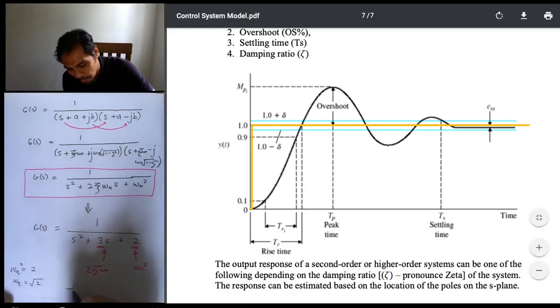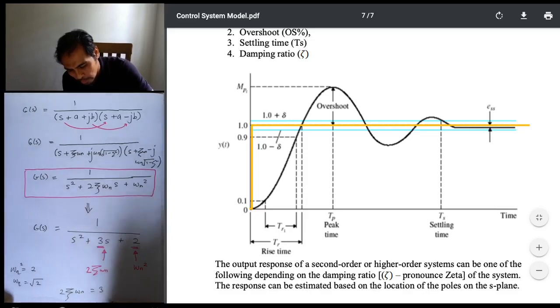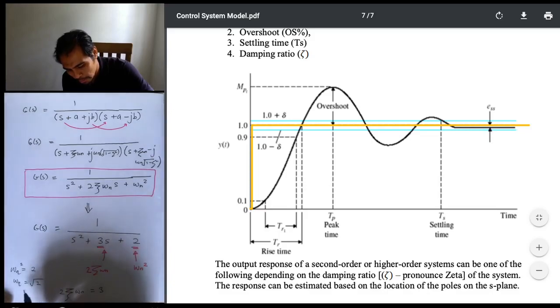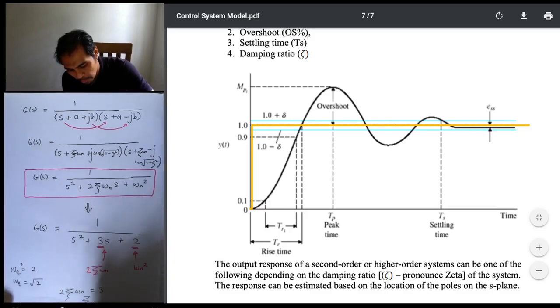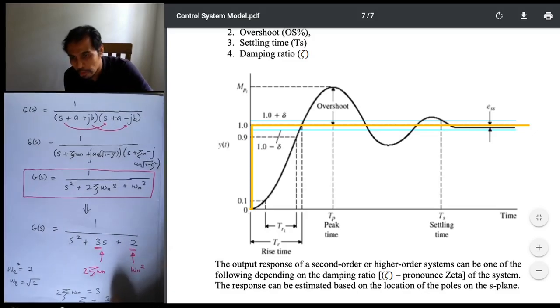That means 2 zeta omega n is equal to 3 in this case, and we know that omega n is root 2.